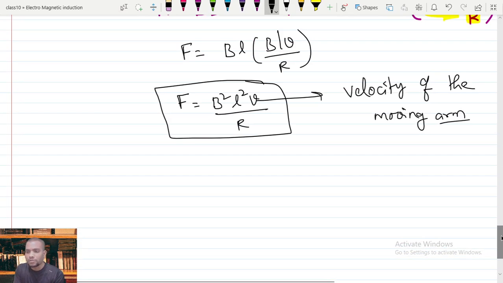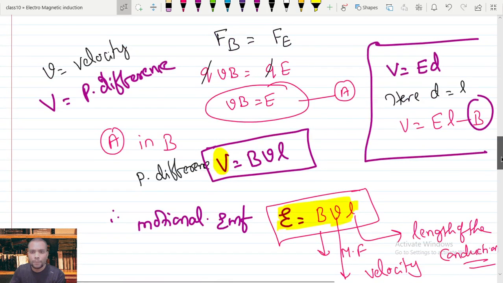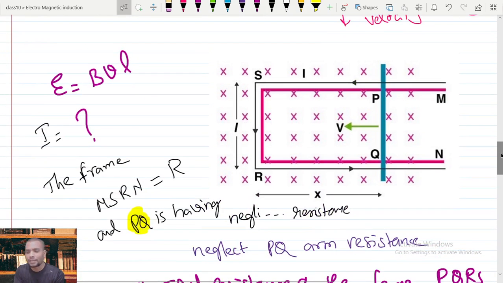This force acts in a direction that opposes the velocity of the arm according to Lenz's law. This is the force which is experienced by a moving arm PQ in a magnetic field. What does Lenz's law say? Lenz's law says that the induced effect always opposes the cause.